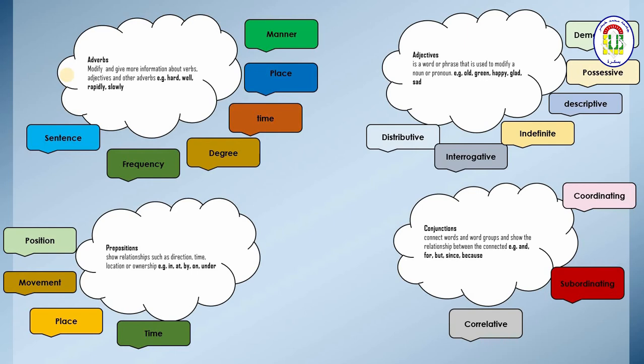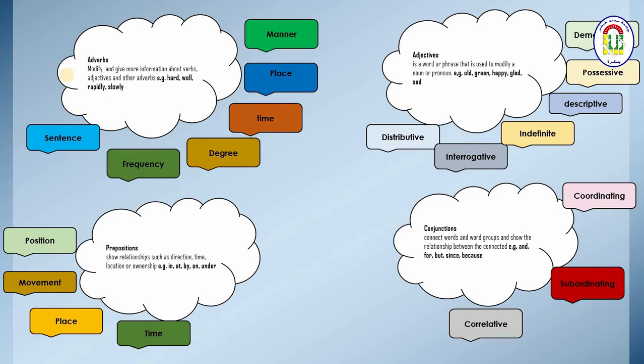Adverbs of manner answer the question how. So they express the manner. Place answers the question where. Adverb of time, when. Adverb of degree, to what extent, is it good or not?